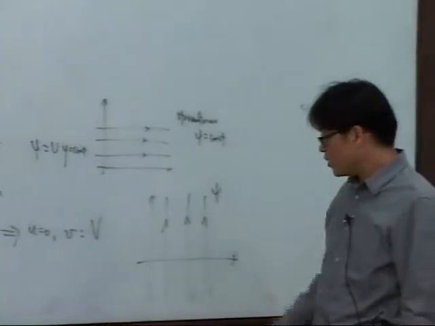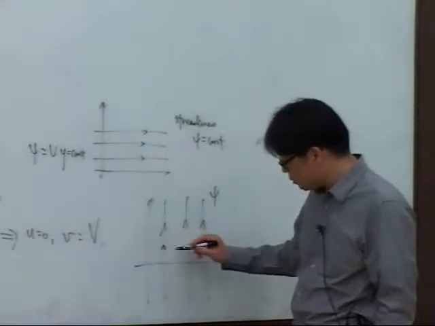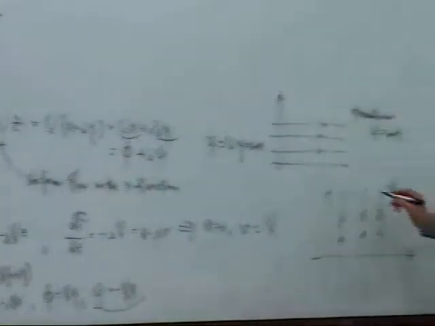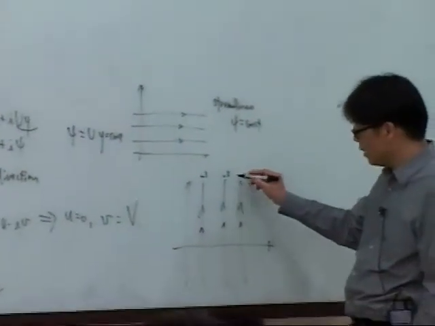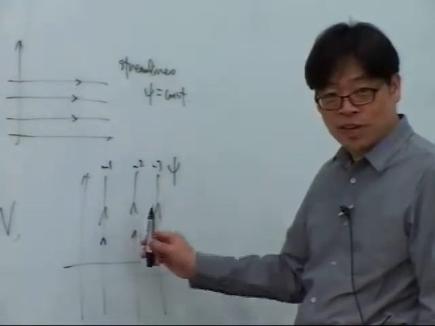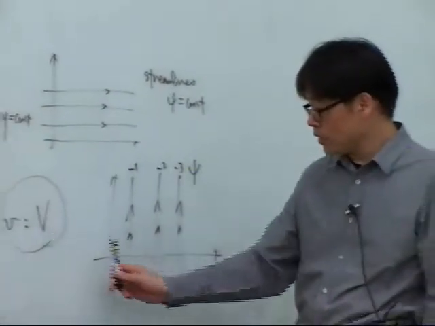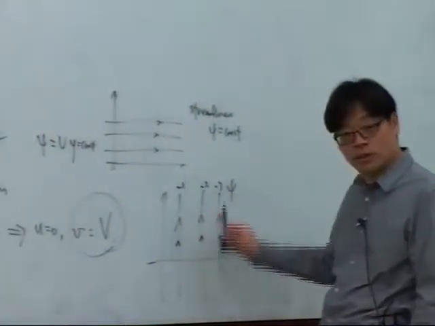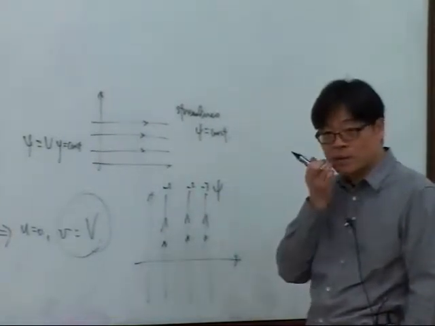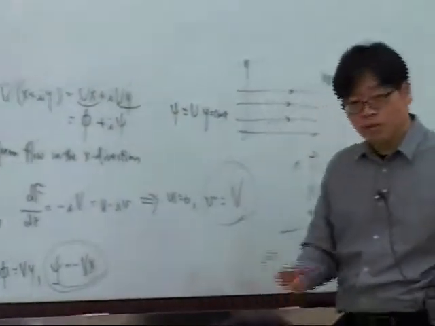No. Direction is given by this. When I draw the line, this represents the flow direction. This stream function can be -1, -2, -3. It doesn't matter. That doesn't represent the direction. Direction is determined by this. So the vertical velocity is still positive, so I expect the direction in this way. The value of psi can be negative or positive, so it doesn't tell you flow direction.